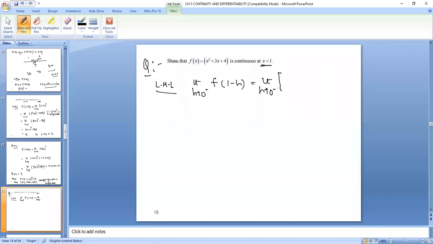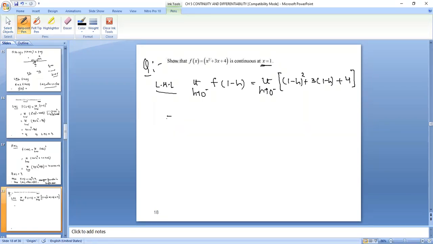For x square you will be writing (1 minus h) square, plus 3x, you will write 3 into (1 minus h), plus 4. Instead of x in the function, you will replace x with 1 minus h.